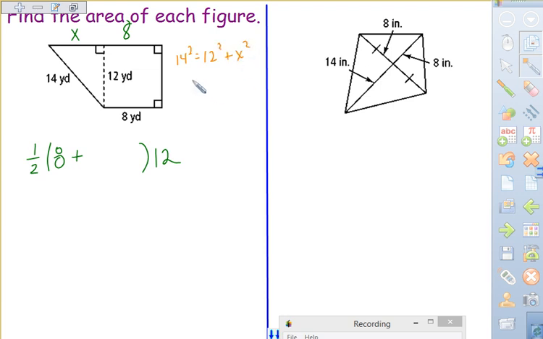So 196 minus 144, and then we take the square root, and we get about 7.2. So those two numbers added together is going to give us a 15.2. Plug and chug that on the calculator, and we're getting 139.2 square yards.